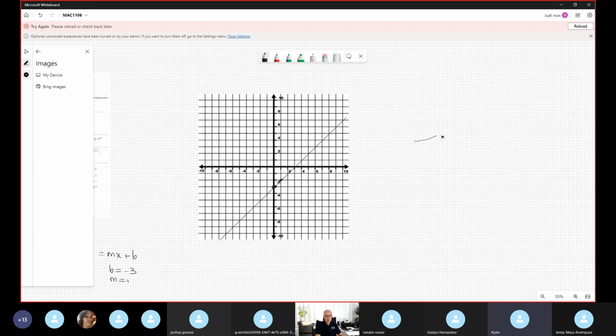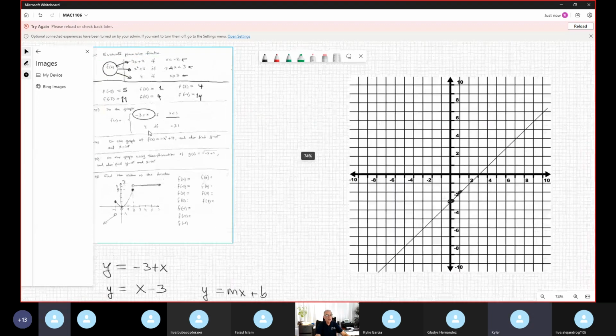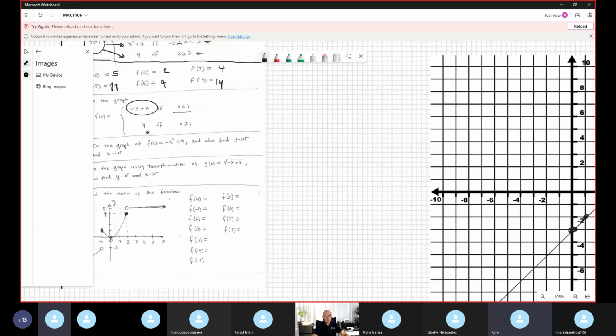Cool. Now, the second piece. The second piece is a constant. Look at that. It is y equals 4. Okay, this is f of x, que es equivalent to say y.